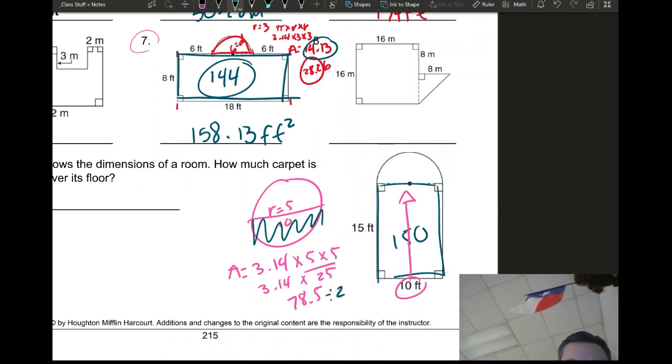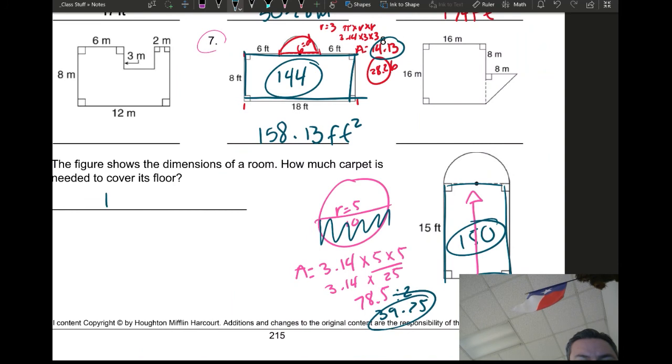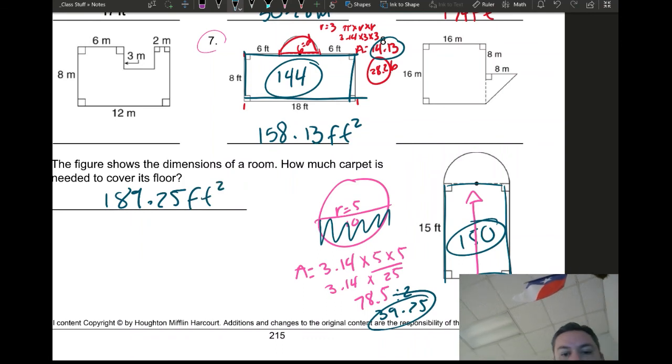Gives you 39.25. Add this and this, and you get 189.25 feet squared. Why did I divide by 2? Because I only have half of the circle, not the whole thing.